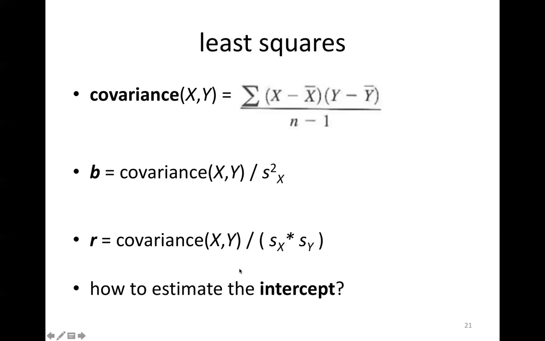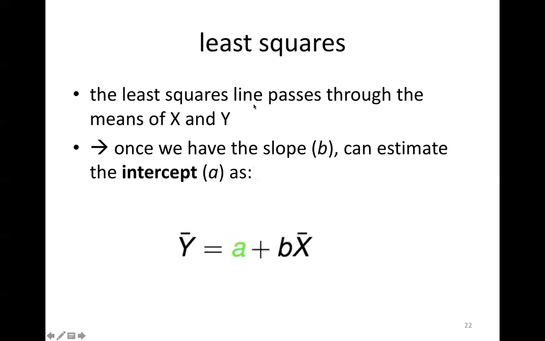Okay, coming back to constructing the regression formula. Well, we got an estimate of the slope, and now we also need to get an estimate of the intercept. And how can we do that? Well, the least-squares line, by theory, has to pass through the mean of x and the mean of y.